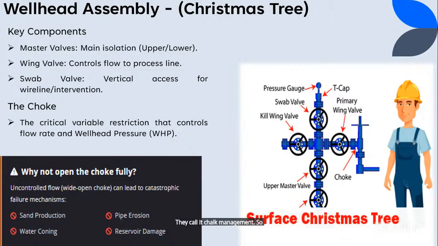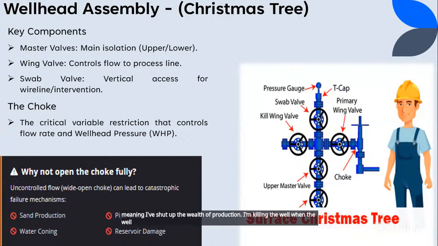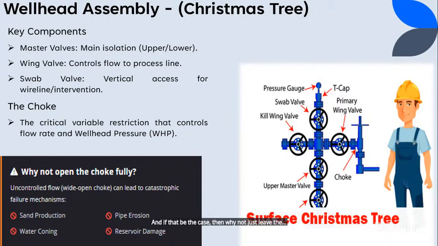So it is one of the optimization tools, choke management, because when you tighten the choke, when it's too tight, then you kill the well. Meaning I've shut off the well for production. I'm killing the well when it's too tight. And if that be the case, then why not just leave the choke fully open?